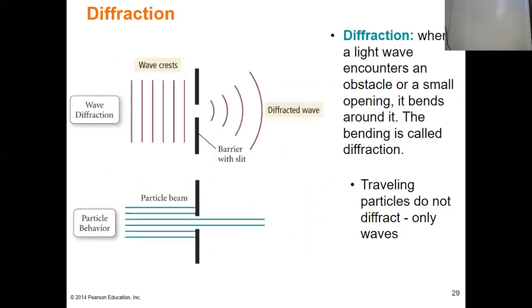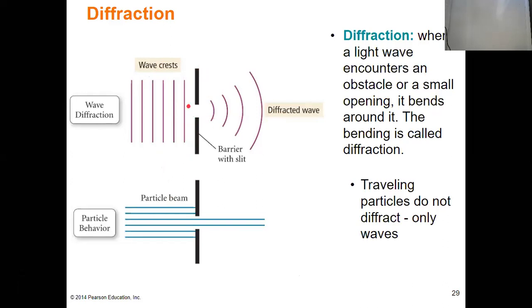Another property of waves is what's called diffraction. Okay, and diffraction, so you're supposed to imagine that each of these lines is the crest of a wave. When a wave hits something, when it hits a barrier of any kind, all right, and that barrier has a small opening in it, the waves don't travel straight through, okay?